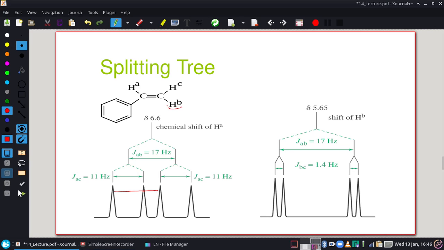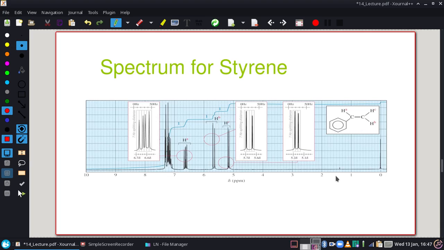And if I look at HB, I get a totally different quartet, because this one is split by this one at only a little bit under 2 hertz, or 15, or 17, I mean. So we get a very tight split, separated by a much larger one. And if we do the same thing with HC, we see an even more similar one.